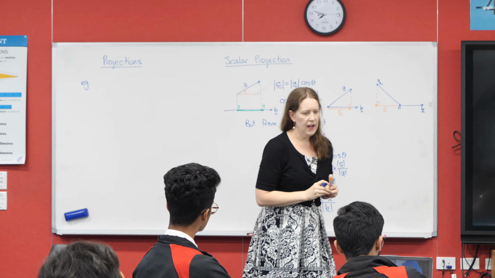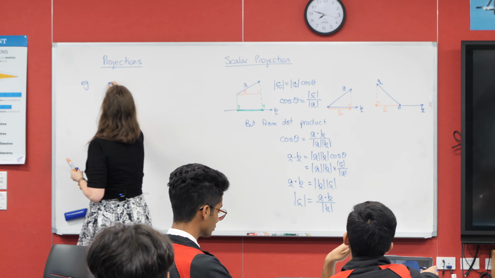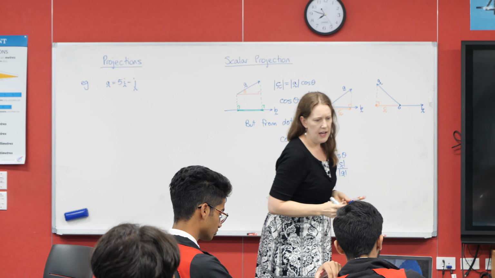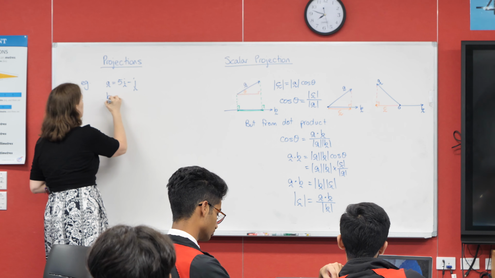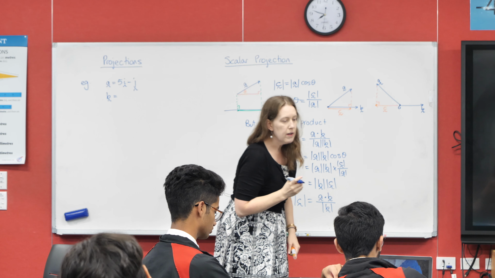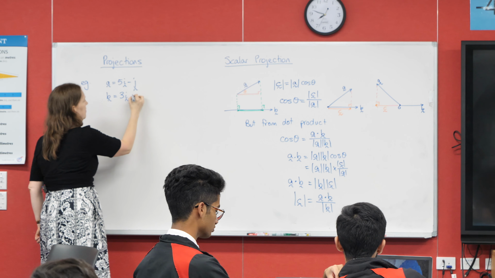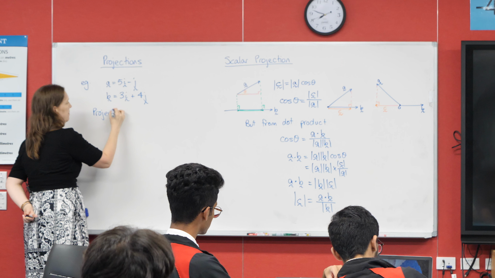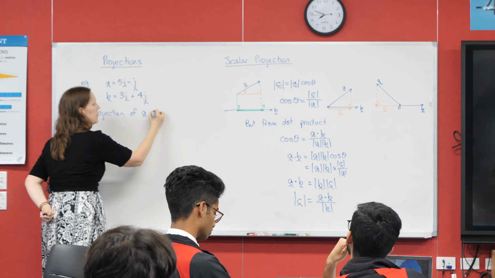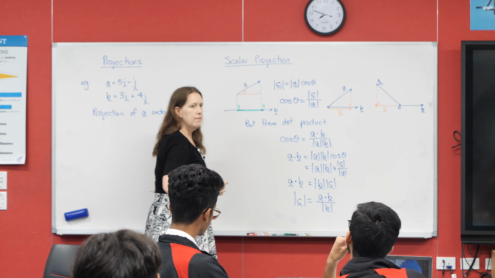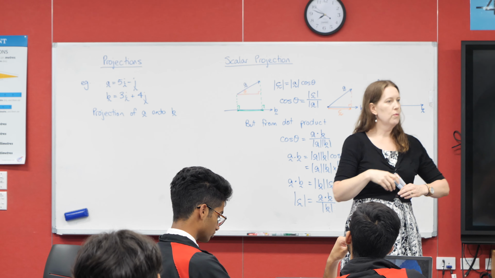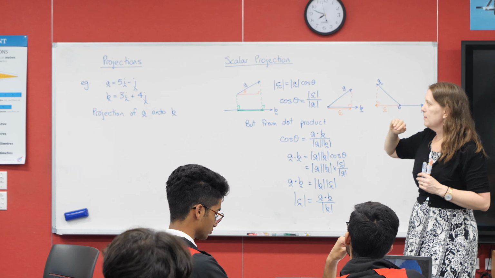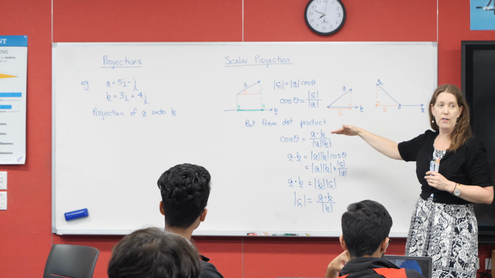So in our example, I have a vector A, which is 5i minus j. And I have a vector B, which is, and I always fail to read them, 3 plus 4. Now, if I want the projection of A onto B, because I'm in an i and a j direction, those two directions are nice for us, but we have the vector A being shone onto the vector B, which isn't necessarily horizontal.